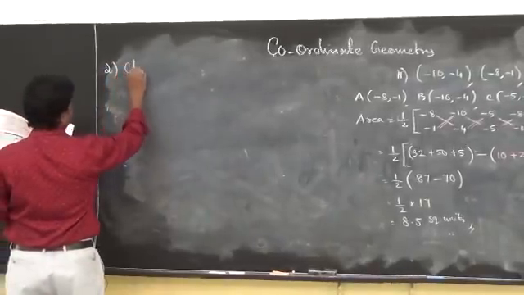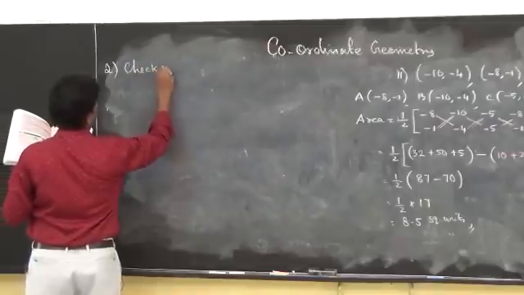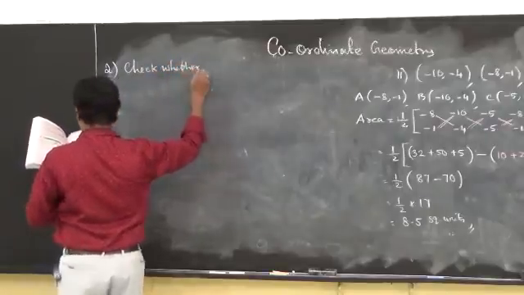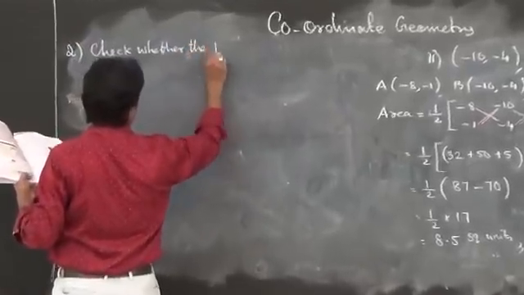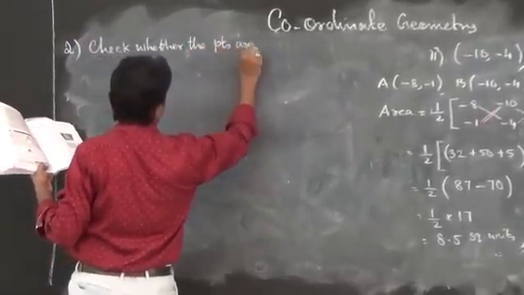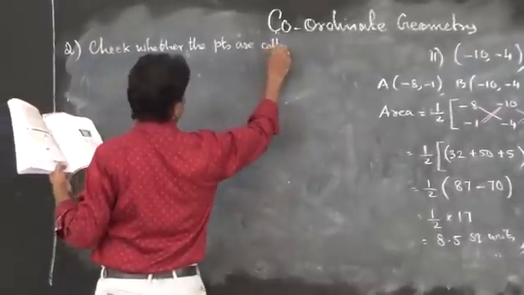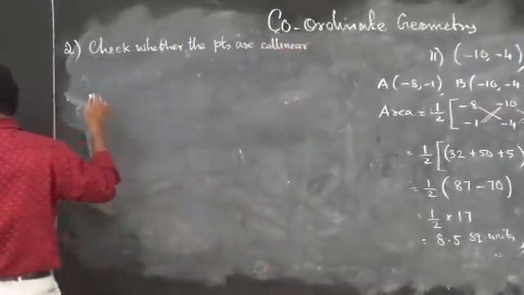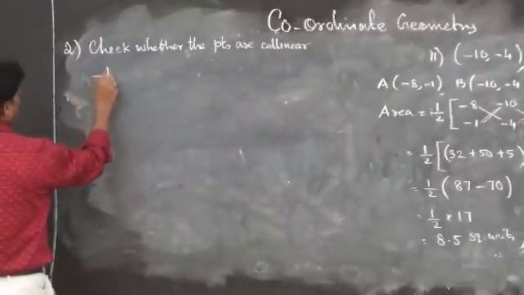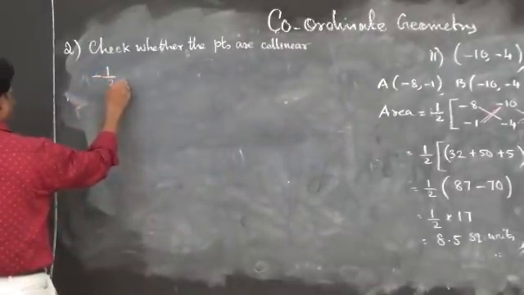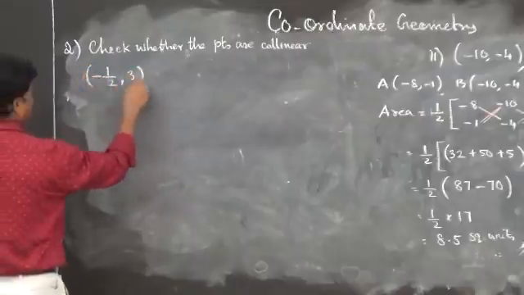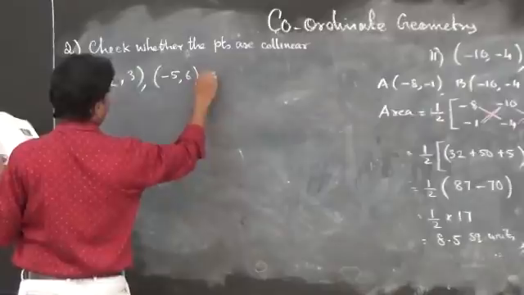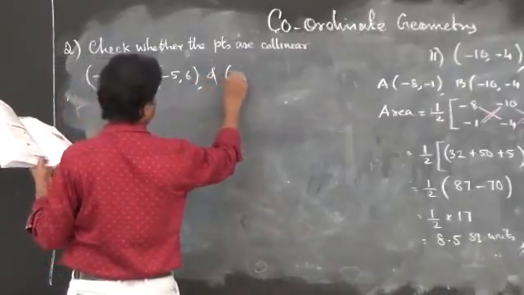Determine whether the points are collinear. The points given are minus 1 by 2, comma 3; minus 5, comma 6; and minus 8, comma 8.